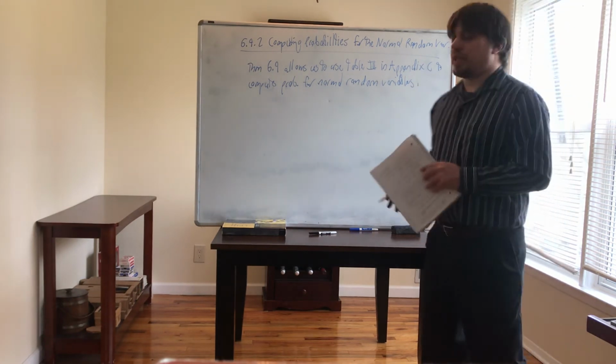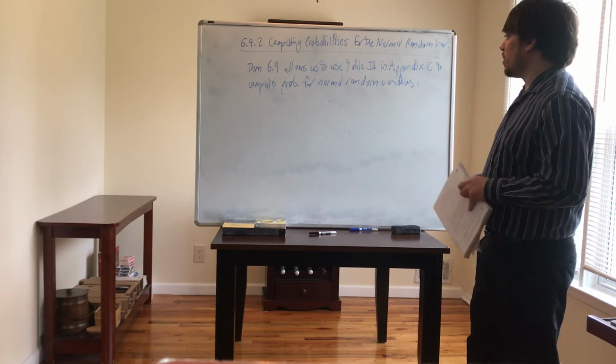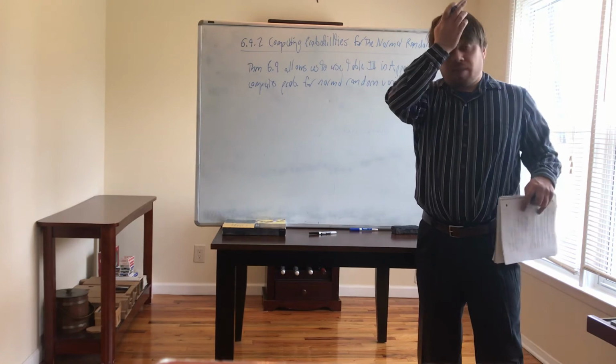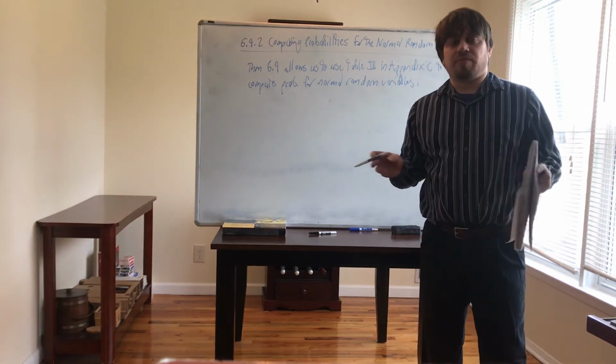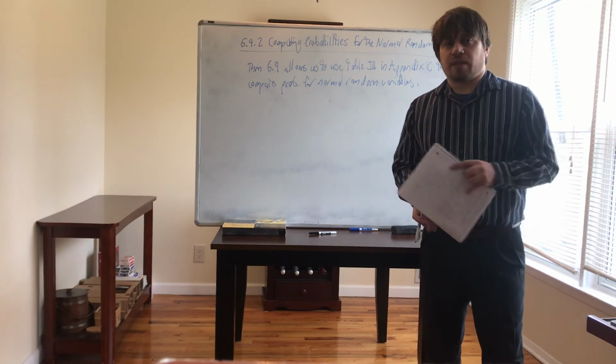So you refer to the table to find the probabilities for a normal random variable, and so you reduce your problem so that by finding the values of probabilities on this table in the book, that will give you the answer to your problem.